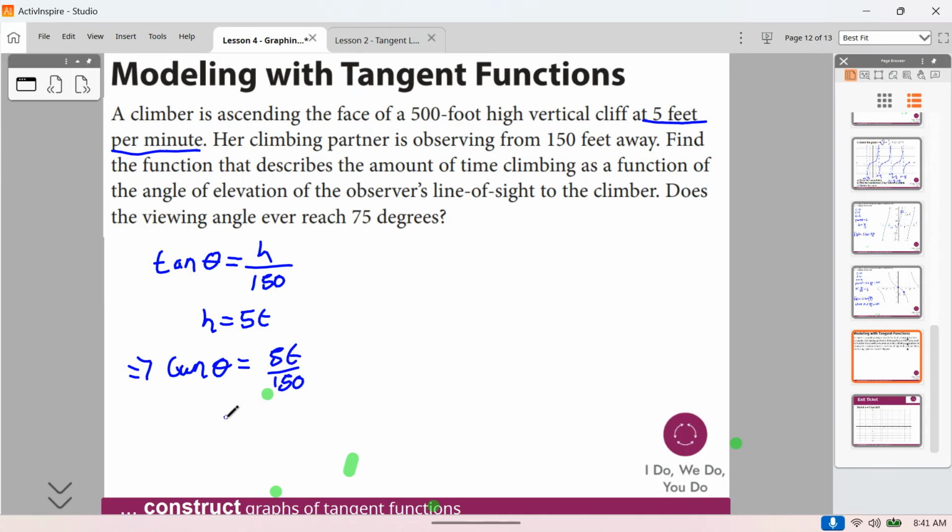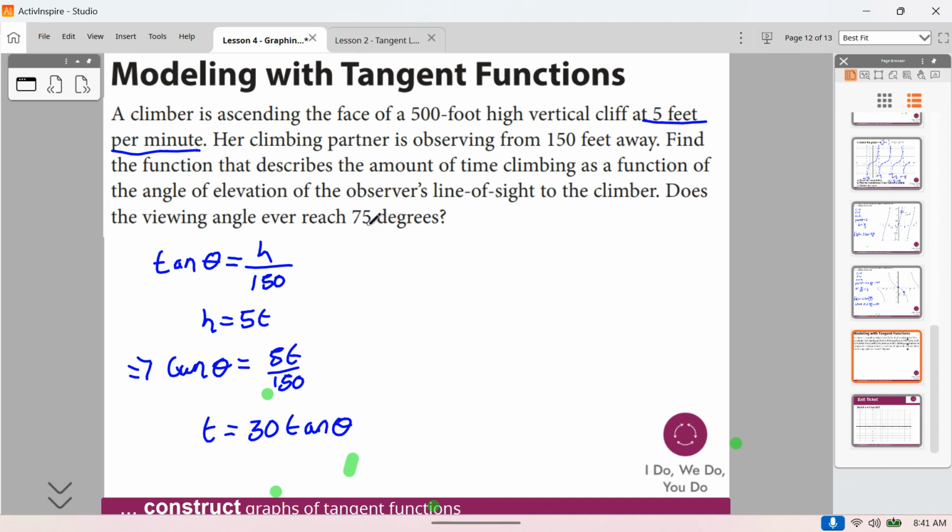That means that t is equal to 5 divided, if I simplify the fraction, I get t over 30. Move the 30 to the other side, t is equal to 30 tan theta. So this is a function that describes the amount of time as a function of the angle of elevation.